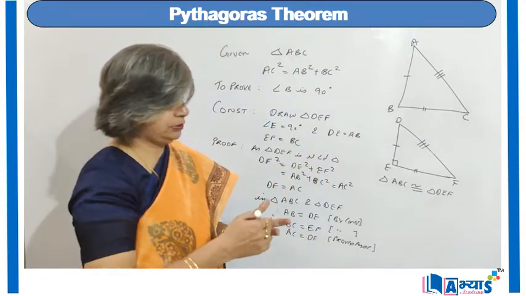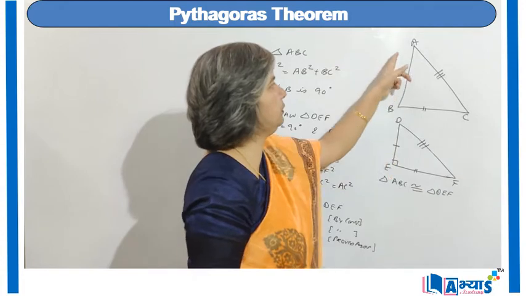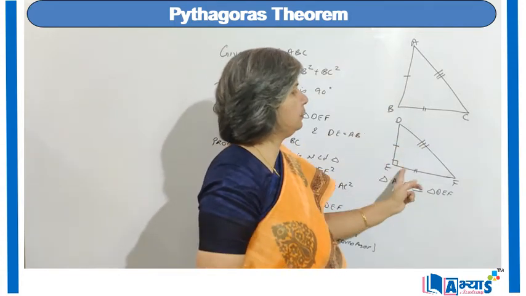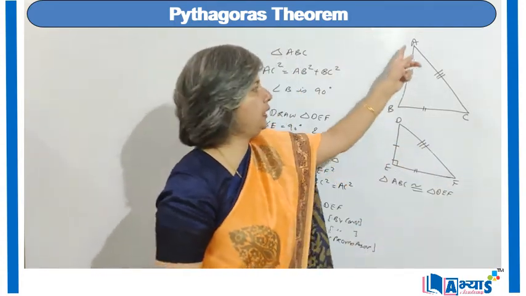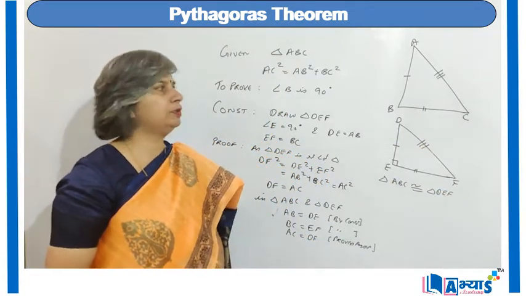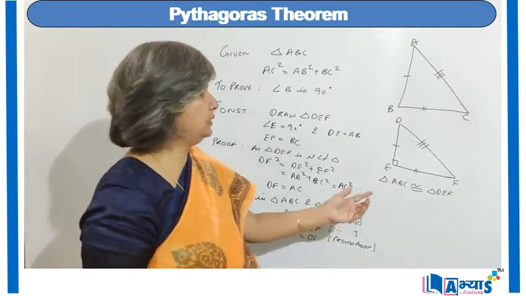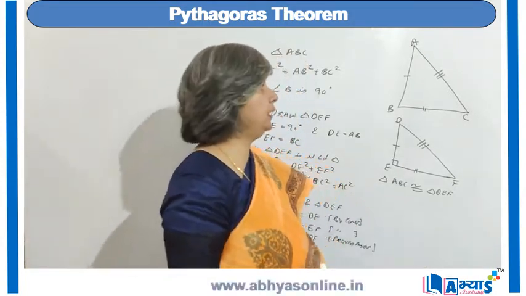We have proved, because according to the construction we have drawn DE equal to AB and BC equal to EF, and we have proved that AC is equal to DF, as the three sides of one triangle are correspondingly equal to the three sides of the other triangle. So triangle ABC is congruent to triangle DEF.